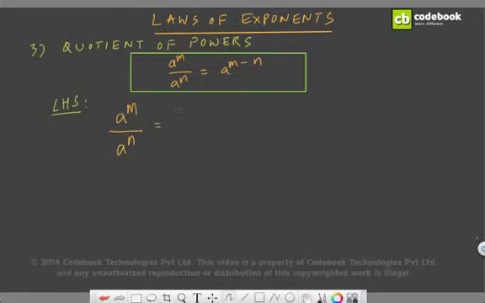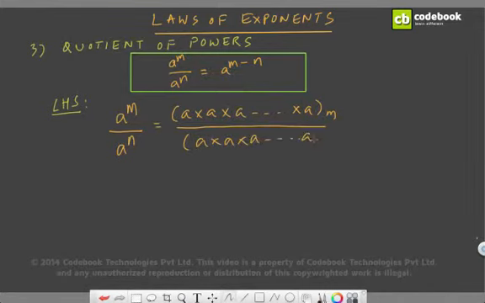So let's expand the numerator. This is a multiplied by a multiplied by a, m number of times, divided by a multiplied by a multiplied by a, n number of times. So the numerator can also be expressed as a multiplied by a multiplied by a, and so on n times, multiplied by a multiplied by a multiplied by a, and so on to m minus n times.